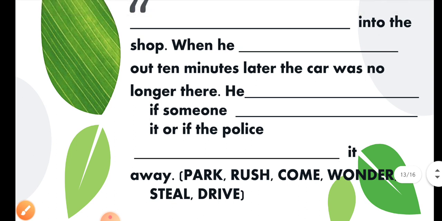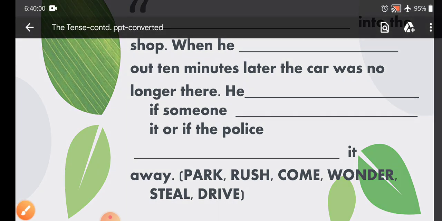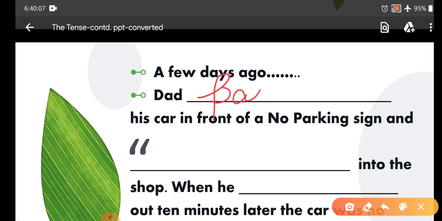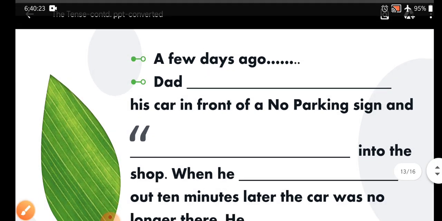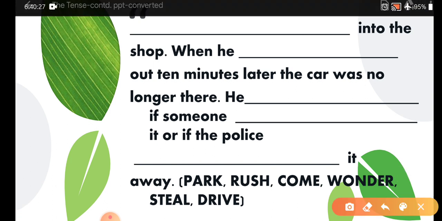Okay, let me correct that, and rushed, sorry. Let's do it again. Park and rush. A few days ago, Dad parked his car in front of a no parking sign and rushed into a shop. When he came out 10 minutes later, the car was no longer there.